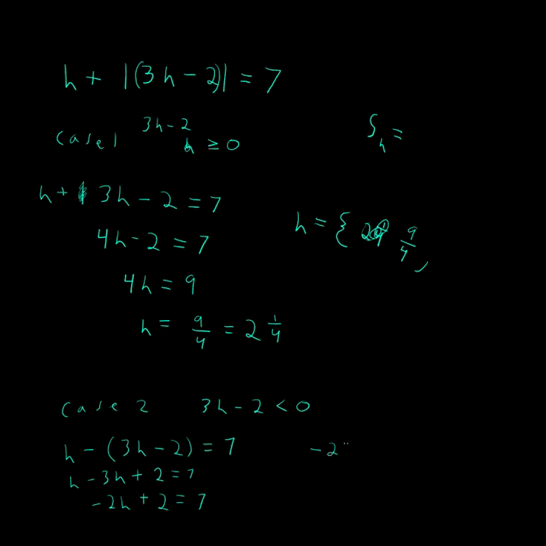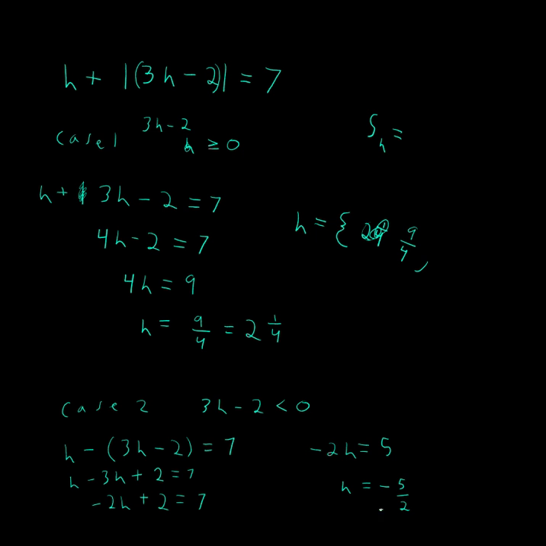I'd get negative 2h equals 5, and then lastly I would use division to find my value, and I would get h equals negative 5 over 2.